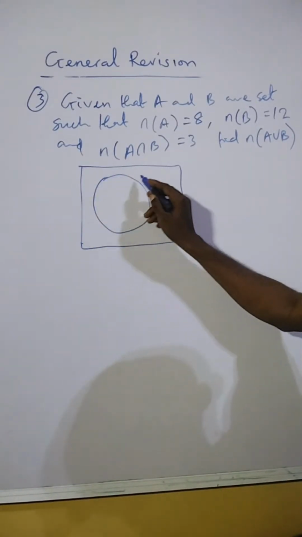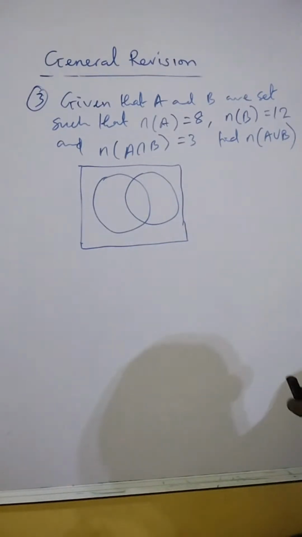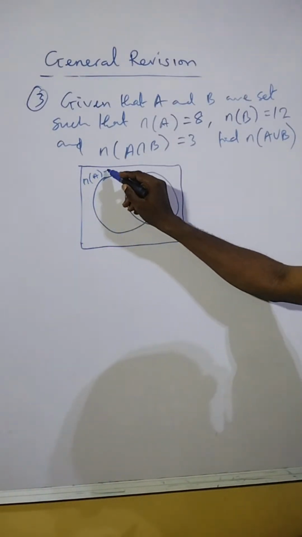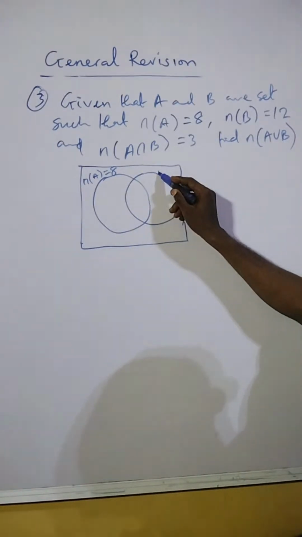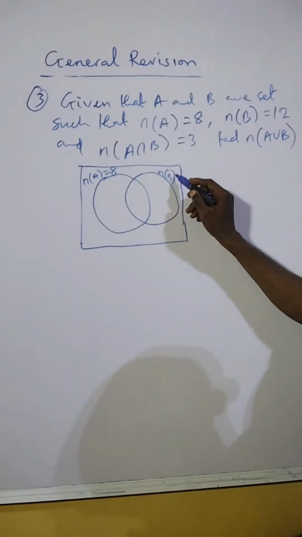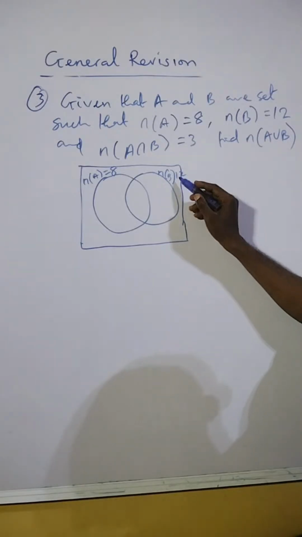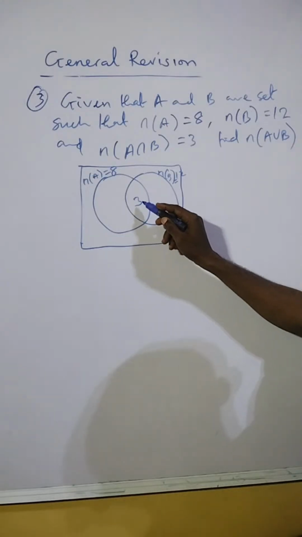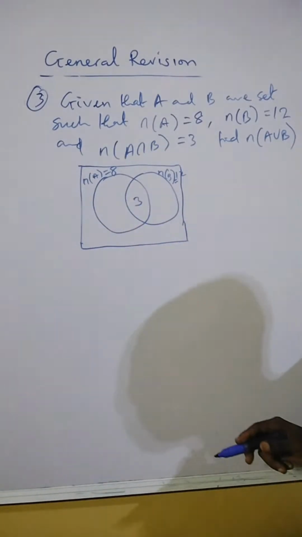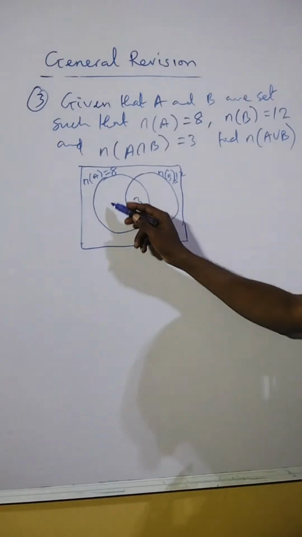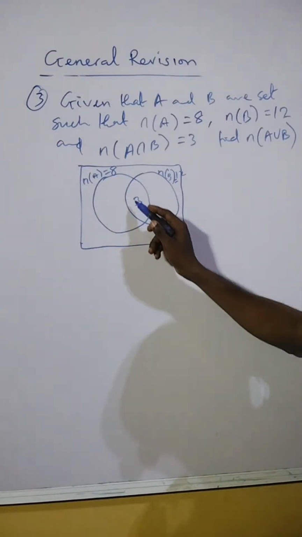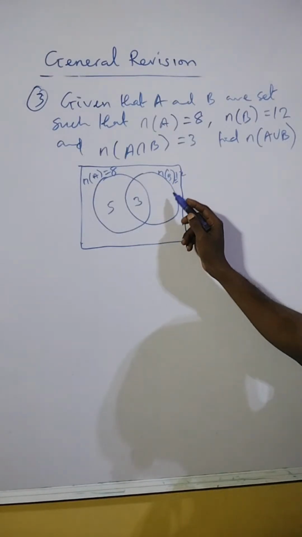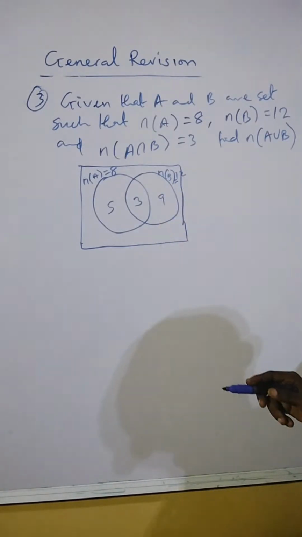We can say this is A, this is B, and the number of elements in A is equal to 8. The number of elements in B is equal to 12. And the number of elements in A intersection B is 3. So we can get the number of elements in A only, which is this area. That's 8 minus 3, and that's 5. The number of elements in B only, that's 12 minus 3, that's 9.